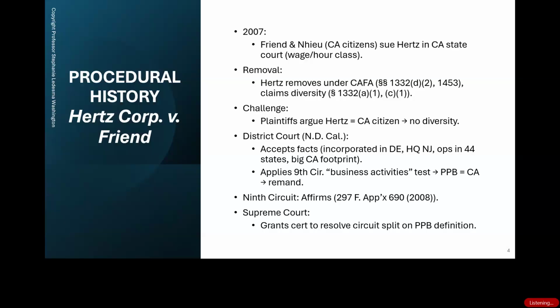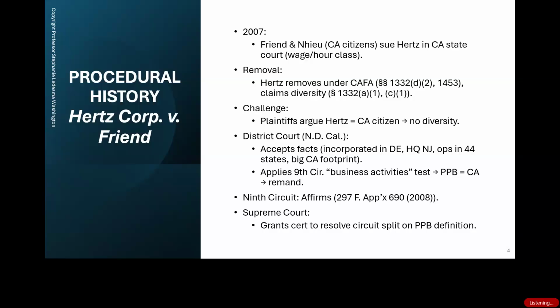Hertz argues that this case is based in diversity. Because it is based in diversity, it could have been filed in the federal court. So Hertz files its notice to remove to federal court, and it is now removed.